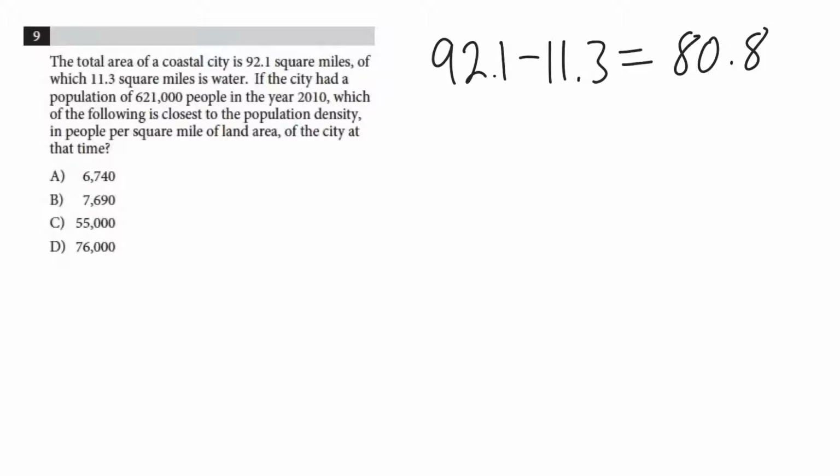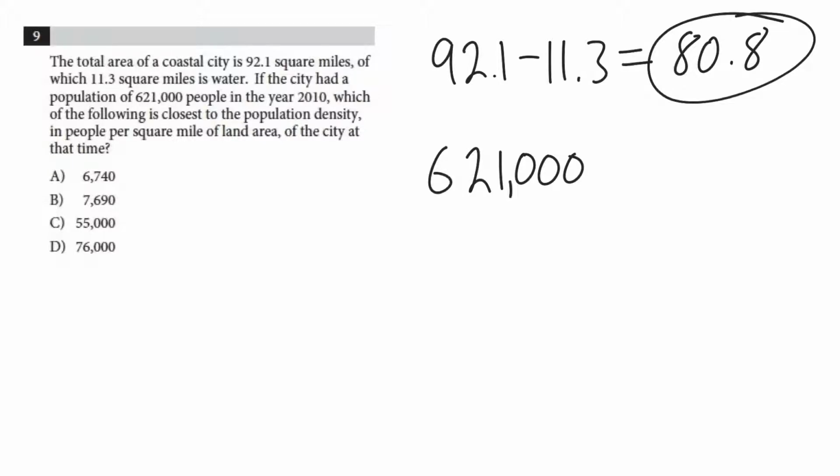Okay, so that's our land area, and we know that there are 621,000 people in the city, and we want to know the number per square mile. So we're going to do population per miles. Well, if we divide the top and the bottom by 80.8, we're going to get the population per square mile. And these are square miles.